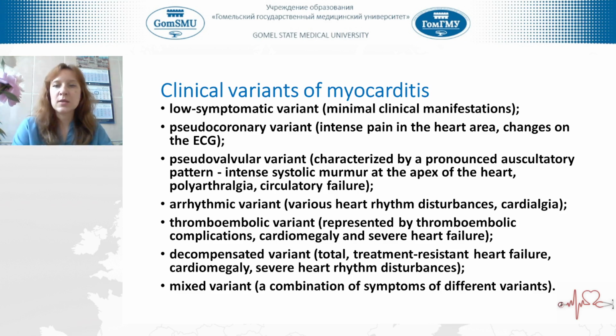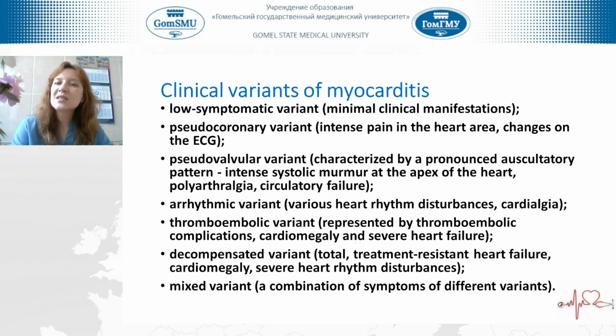Clinical variants of myocarditis. It can be a low symptomatic variant, with minimal or no clinical manifestations. Pseudocoronary: the patient presents with pain in the heart and changes on the ECG. Pseudovalvular: related to a diagnosed auscultatory pattern. It can be intense systolic murmur at the apex of the heart, polyarthralgia, circulatory failure.